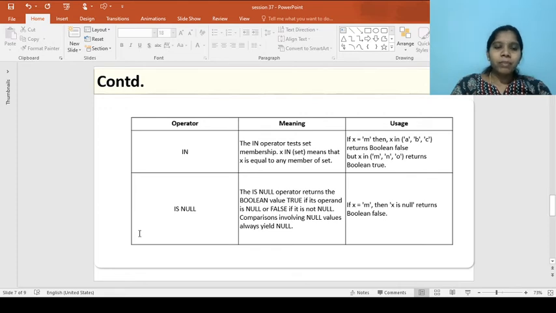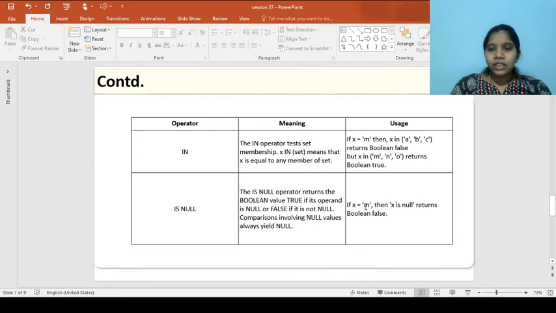The next comparison operator is NULL. The IS NULL operator returns the Boolean value true only when the operand is null and returns false when it has some value in it. Understood? Let us take one example.